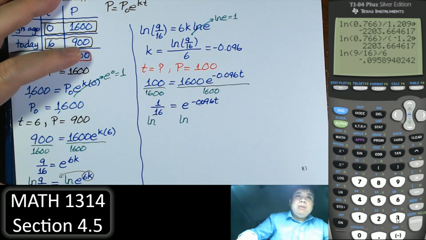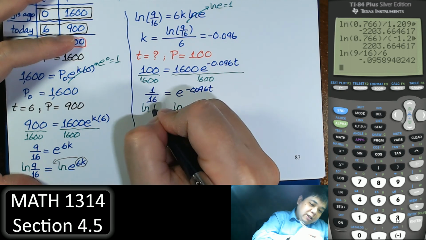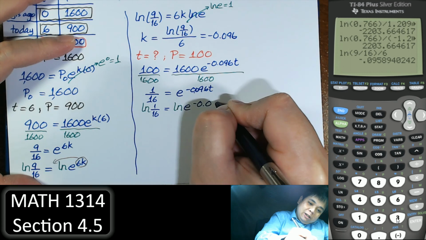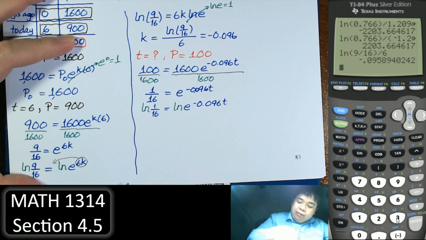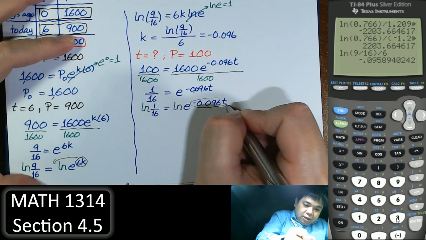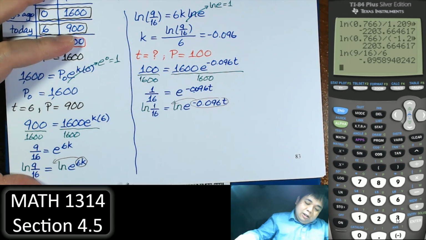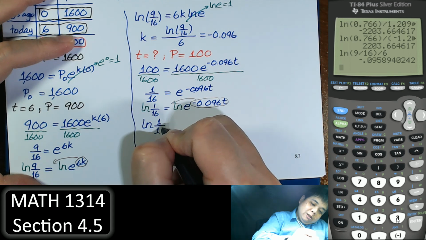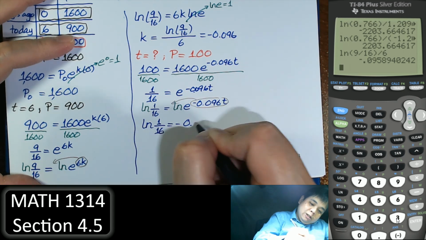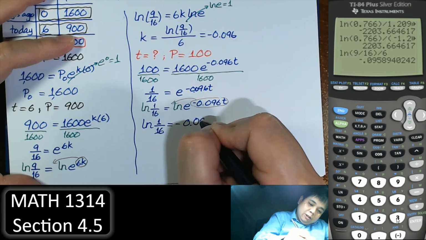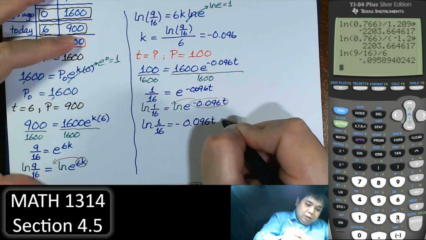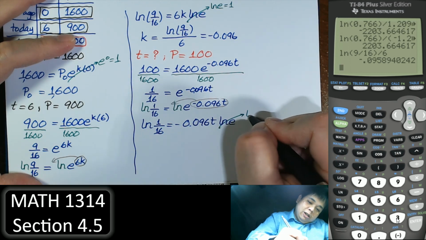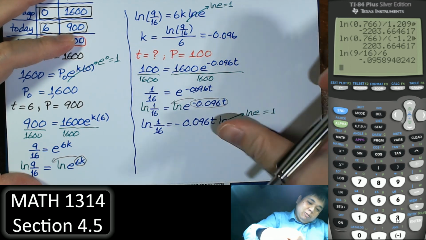So that pretty much we have the same routine throughout this section. Take the exponent outside. And ln of e is 1. Pretty much the same routine.